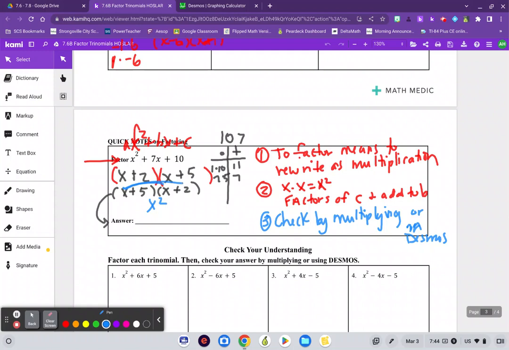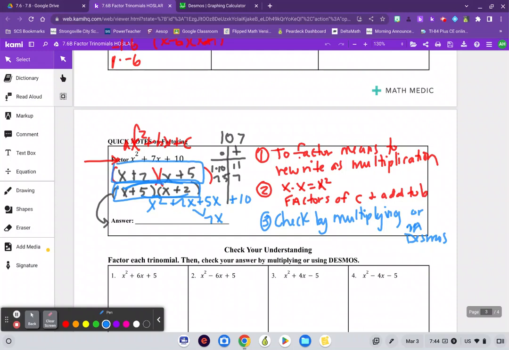And I'm going to get x times 2, which is 2x, and 5 times x, which is 5x. That's how I get that 7x. And 5 times 2, which is 10. That's why I'm looking for factors of 10. And this works out. So again, this set of factors is my final answer. Or this set of factors. Doesn't matter which way you write it.